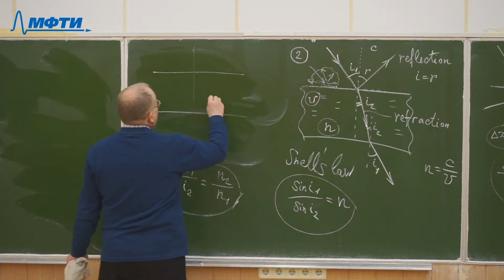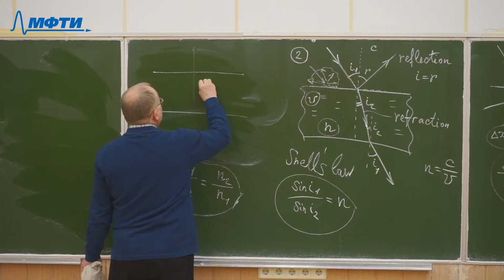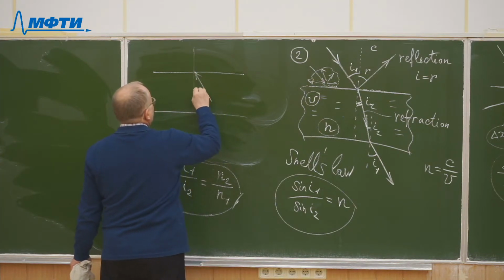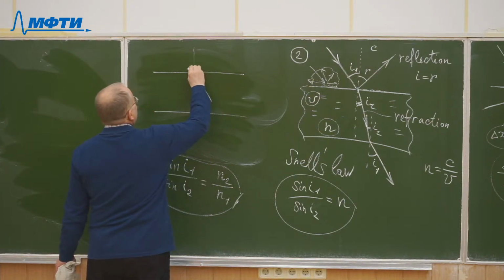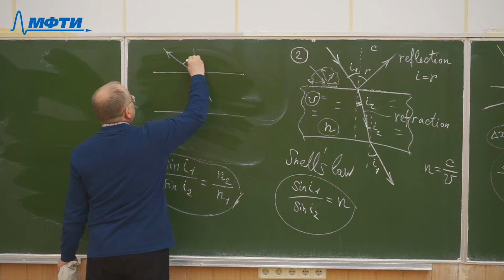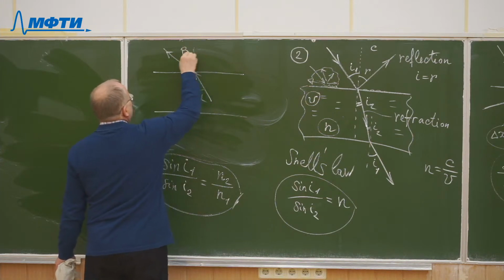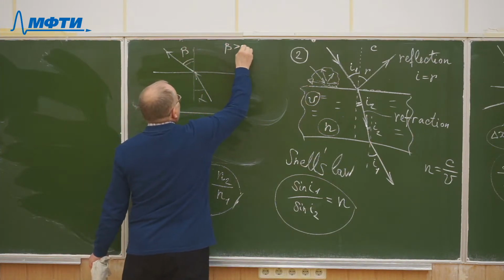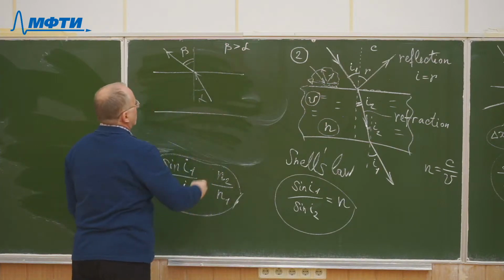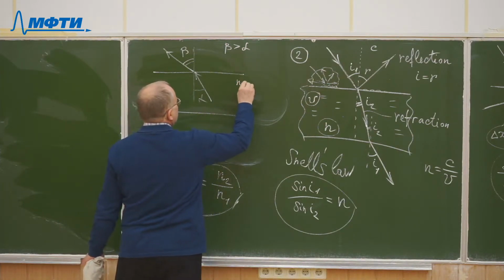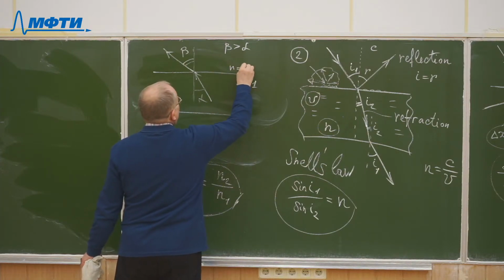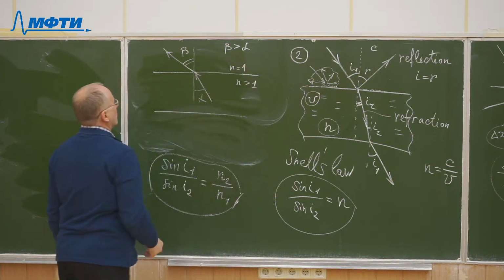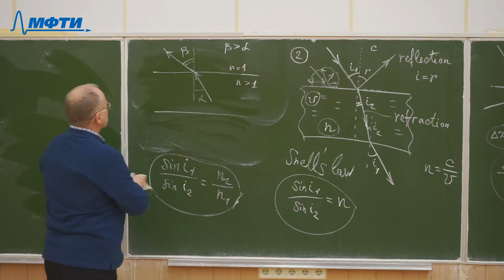So it goes from the glass plate at some angle alpha to the air, and there it will be some larger angle beta. Beta is always larger than alpha because the refractive index n here is larger than unity, and here the refractive index is unity, if this is vacuum or air. And this is a glass plate.